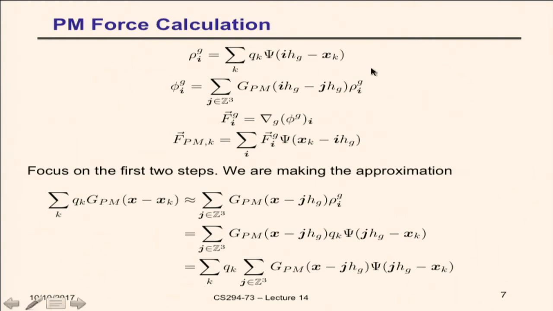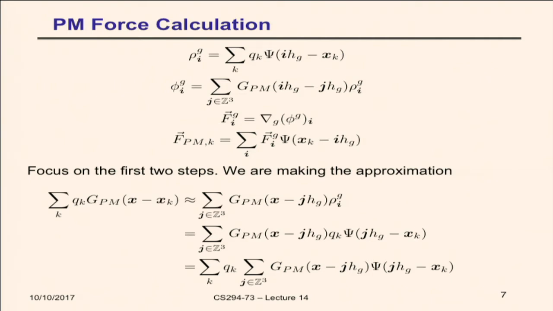That's what you have here. And then you compute forces on the grid by taking finite difference gradients, for example, and then you interpolate those forces back to the particles using the same psi function that you used to deposit the charges in the first place. So that's your typical particle mesh force calculation.